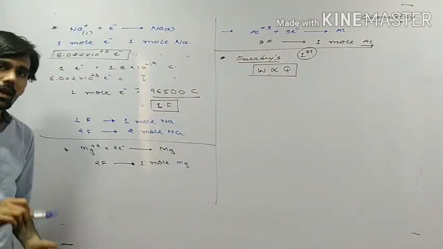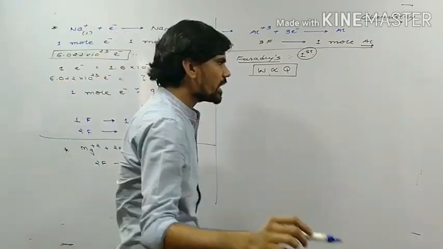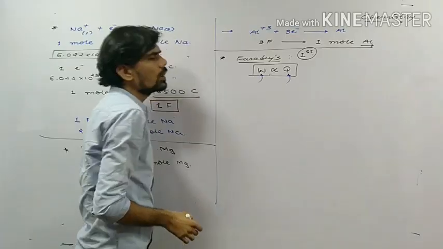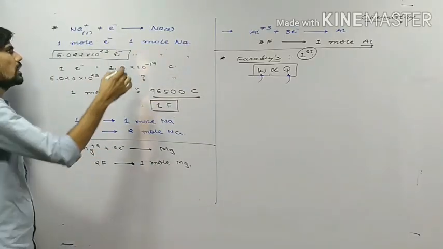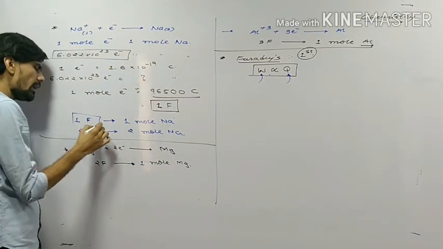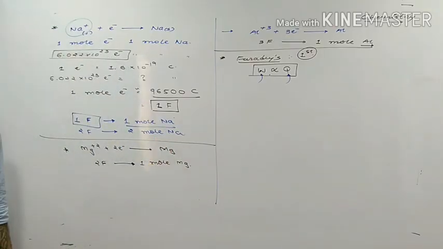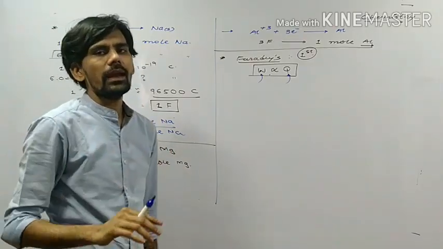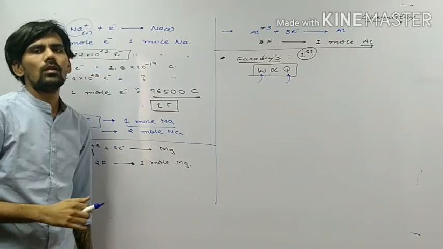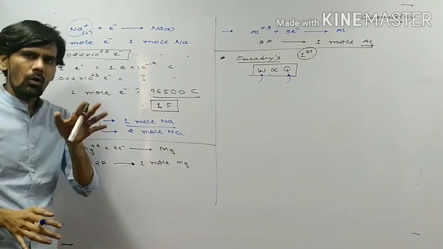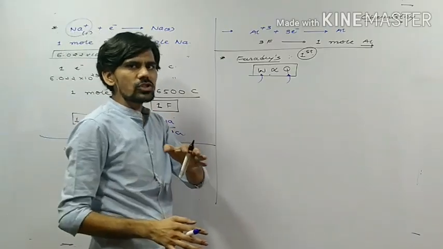Q. It means because of electrolysis, whatever product we gain is directly proportional to electrical charge. So if we apply 1 Faraday to Na+, it will give only 1 mole sodium. But if I apply 2 Faraday, it will give 2 mole sodium. So the amount of product is directly proportional to charge.